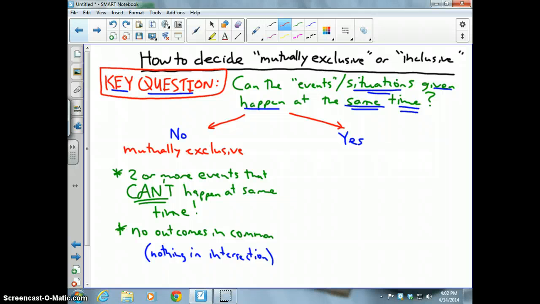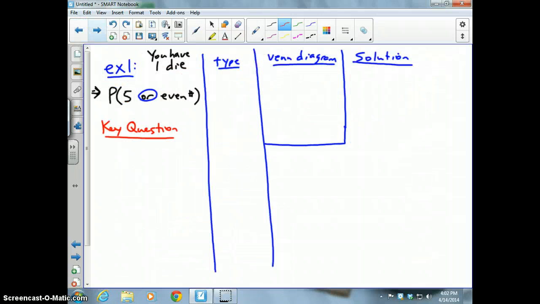Can the events or situations that are given happen at the same time? Can I get both a 5 and an even number if I roll one time? The answer to that question is no. You cannot get both. So therefore, what type of problem is this? It is mutually exclusive.